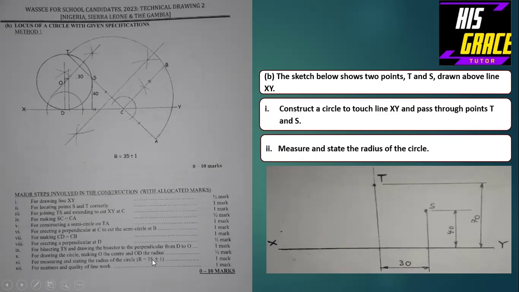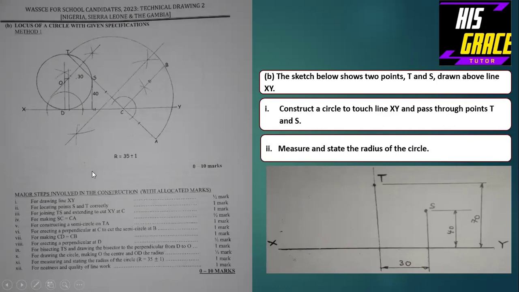Whenever you're asked to measure and state the distance of a line or points in technical drawing, you have to write in this form. So 1 mark is awarded to that. Then for neatness and quality of line work, 1 mark. So 10 marks go to the solution of this problem.